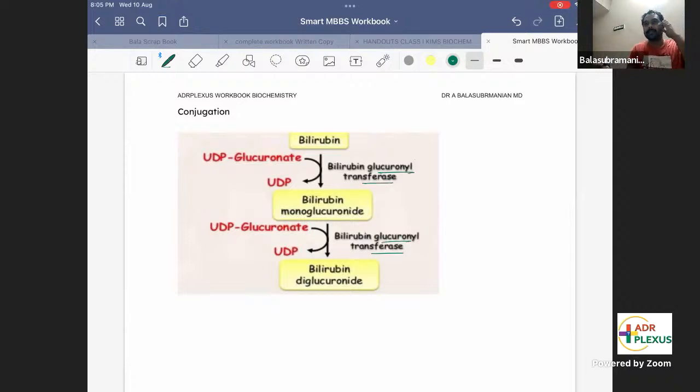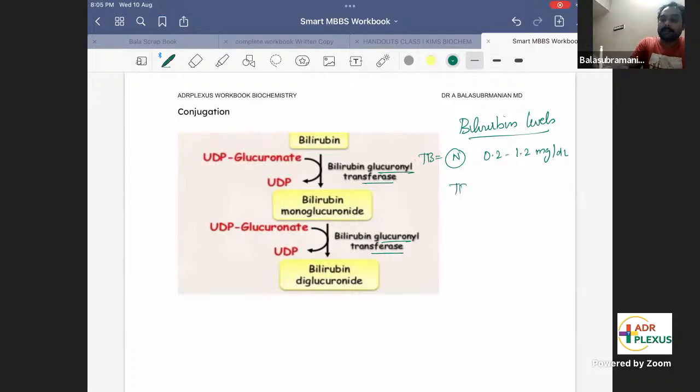Now, what will happen if the bilirubin levels increase? You must know the normal bilirubin levels in our body. Normal bilirubin is 0.2 to 1.2 milligrams per deciliter. What I'm speaking about is total bilirubin.